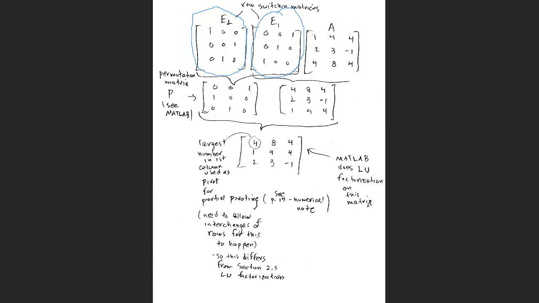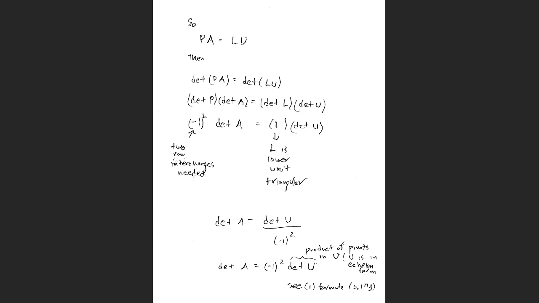So the determinant of E1 would be -1 times 1. The determinant of E2, you took the identity and you switched the second and third rows. So the determinant of the identity is 1, but because you did the row switch, you have -1 times 1. And this is why the determinant of P is -1 squared.